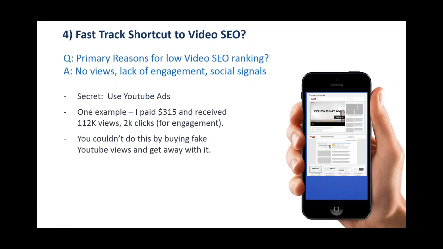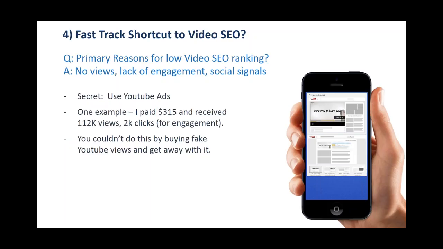You really couldn't do this by buying fake YouTube views and get away with it. You can't go to those Fiverr gigs where it's like, we'll send you 10,000 views. I've actually tried that, and my video dropped down within the pages. Google knows, right? But with YouTube ads, they know those clicks and views are coming from YouTube.